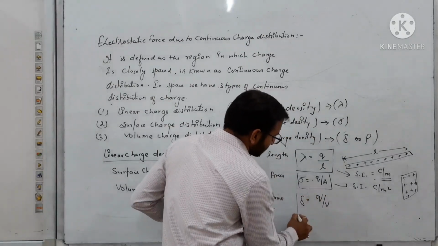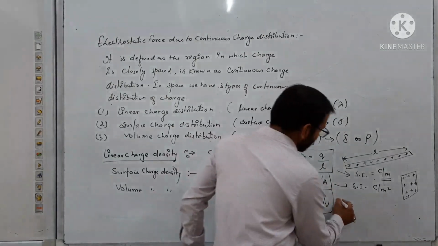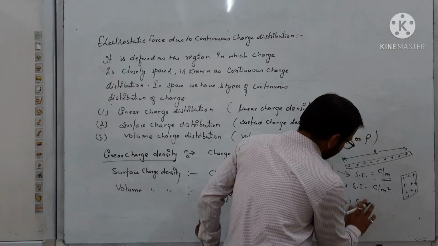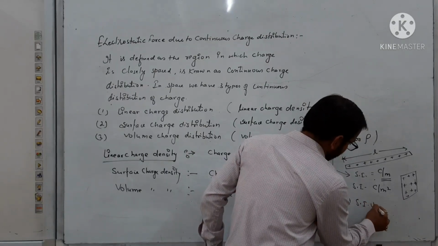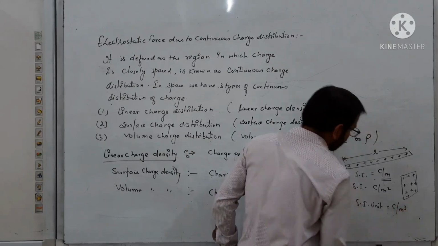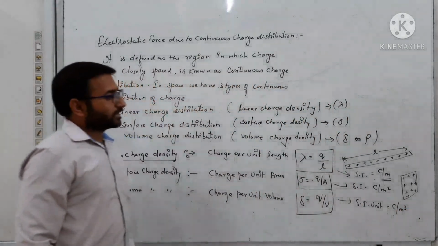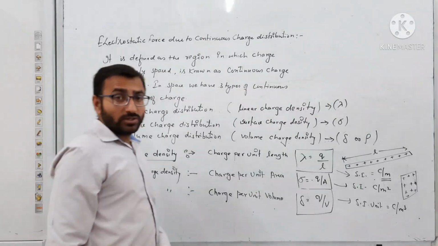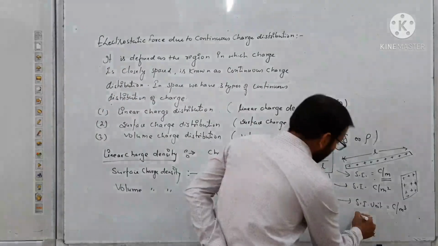V is our volume, meaning charge per unit volume, and its SI unit is coulomb per meter cube. On the basis of their SI units, you can easily find the dimension formulas as well.